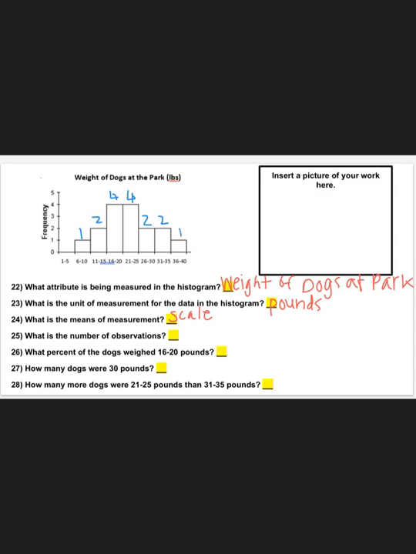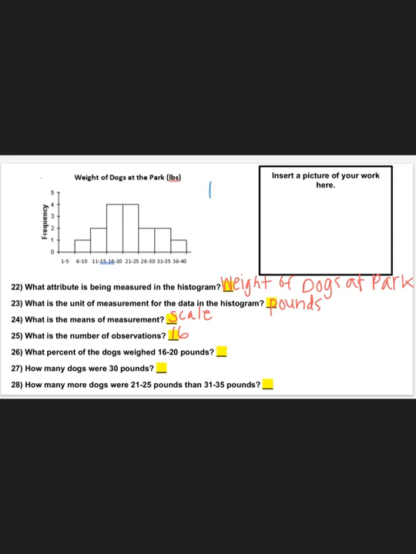And then the second step is to count all of those up. So 1 plus 2 is 3, 3 plus 4 is 7, 7 plus 4 is 11, 11 plus 2, 13, 13 plus 2, 15, 15 plus 1 is 16 total observations.